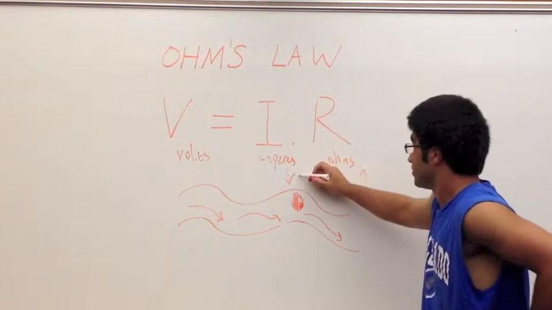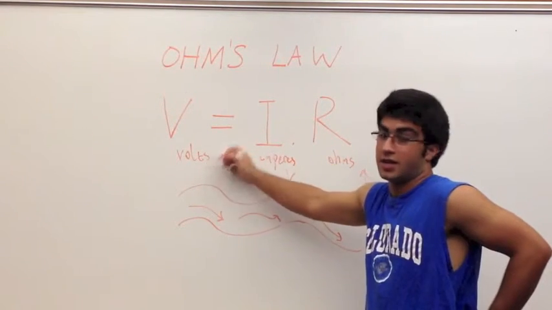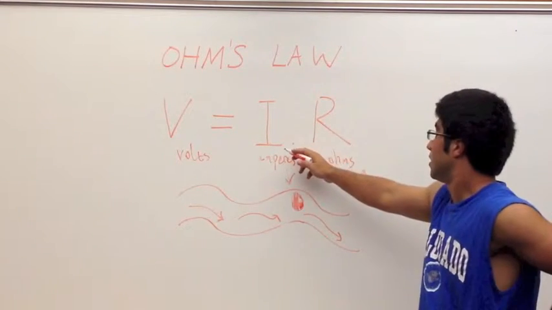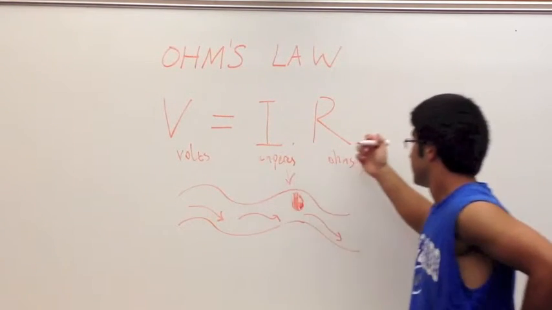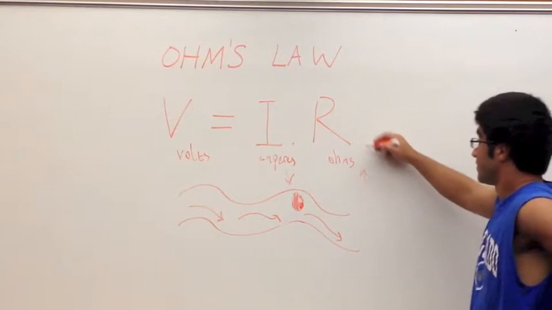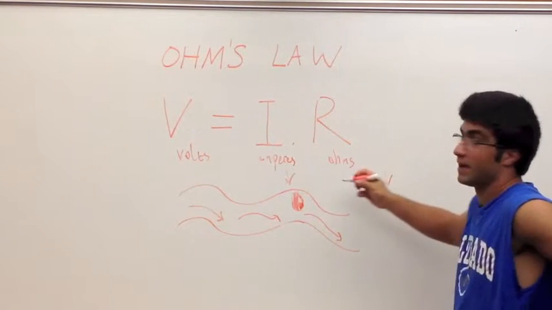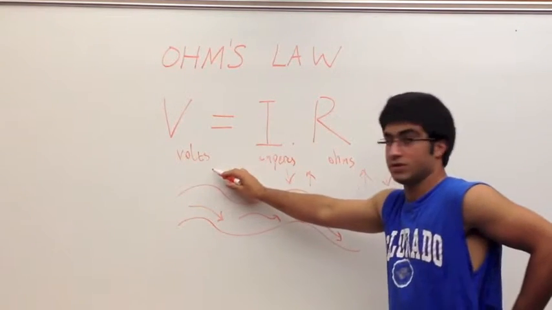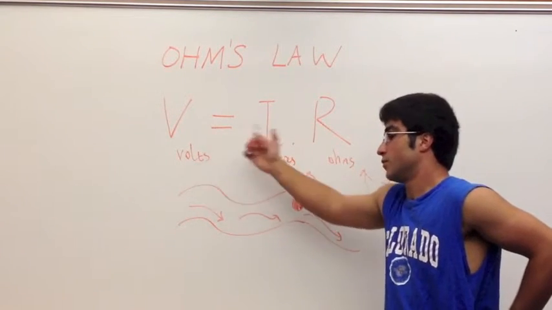Bigger resistance is going to decrease our current, and voltage has to equal current times resistance. In the other case, if you have a smaller stone, we're going to have more water flowing through. That's still going to equal the same amount of voltage, because we didn't change the voltage.